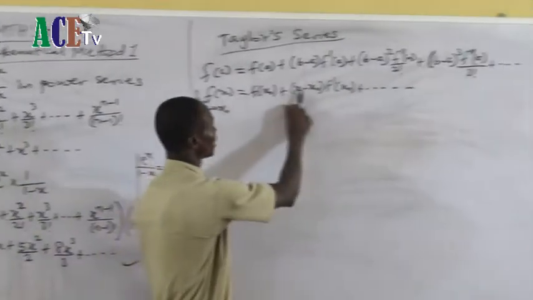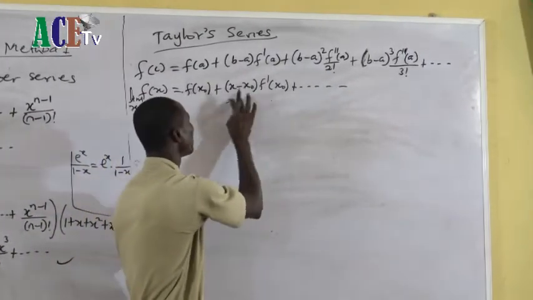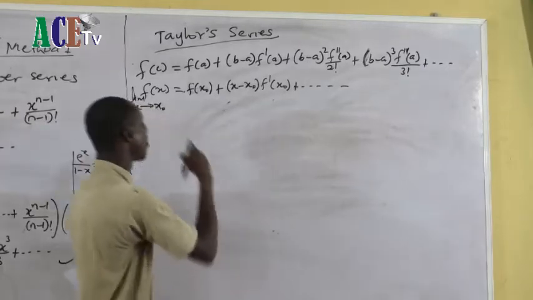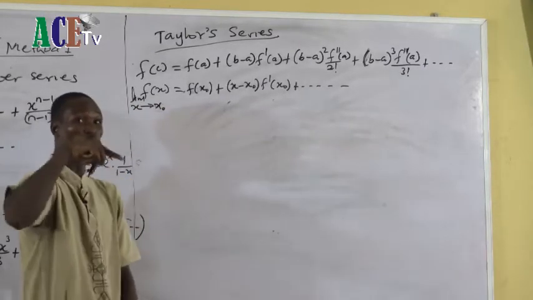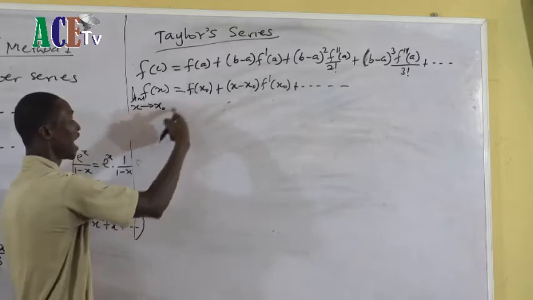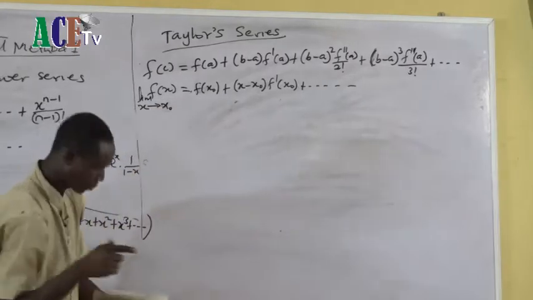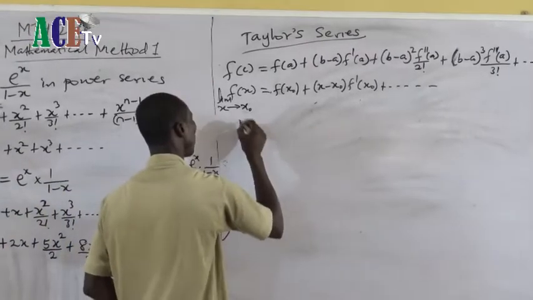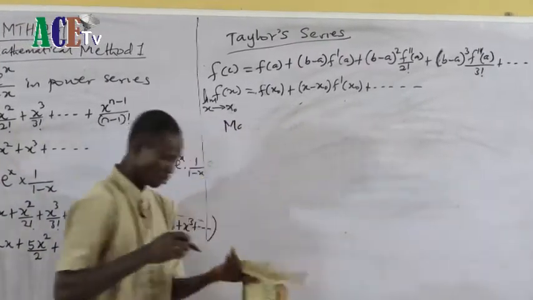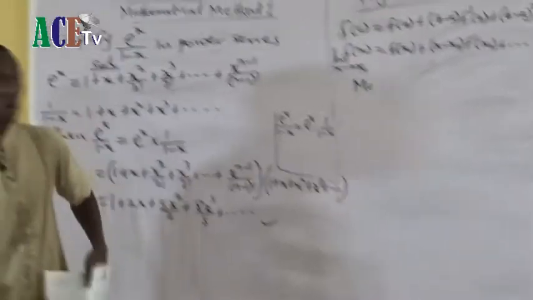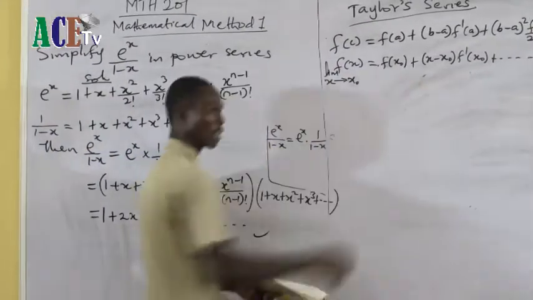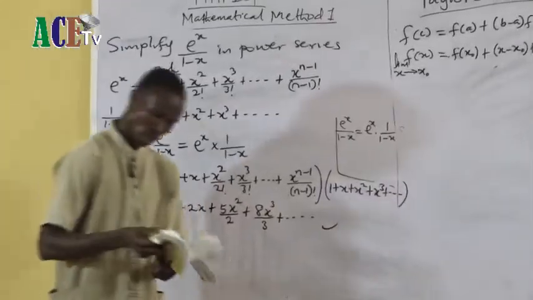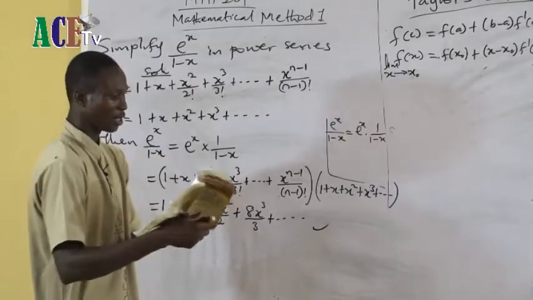Now my function is x, then my limit is x naught. Don't forget, I will say this function approaches a limit if this x naught exists. Because of our time, I will do only Taylor's expansion. I will do examples, and I will see what we can do later.